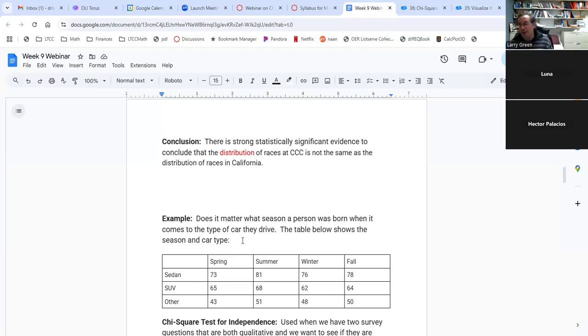So for example, I was born in summer, and I have an SUV. So I'm one of these 68 people who answered summer and SUV. That's how you read a table like this. Any questions on reading that table?